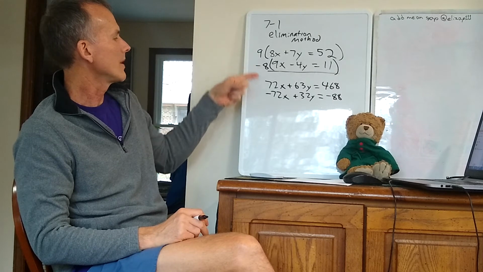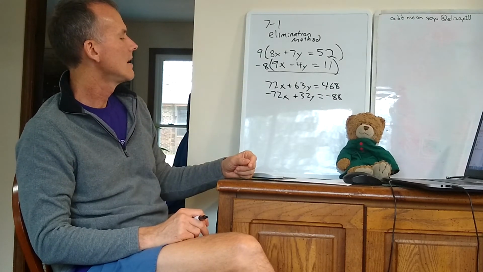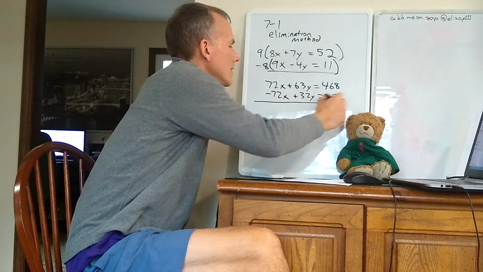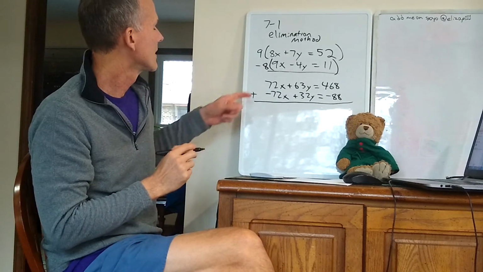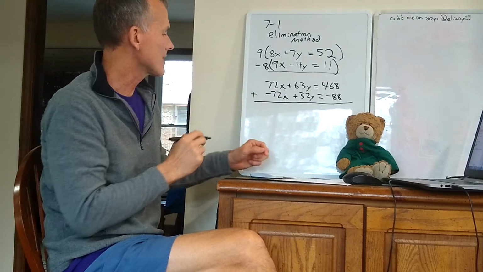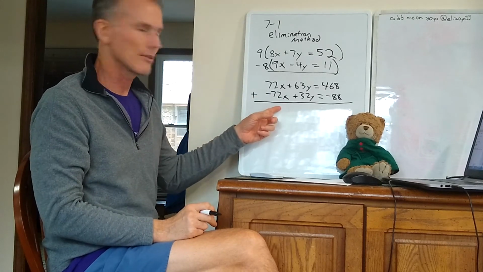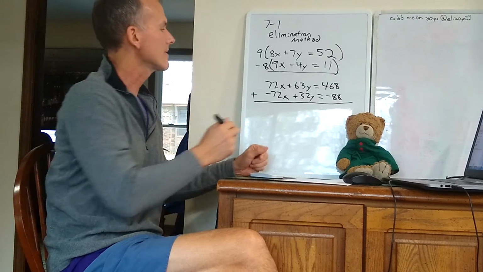I've just multiplied the top equation by 9 and the bottom equation by negative 8. But look at the beautiful things that happen when I add the two equations this time. Well, 72x plus negative 72x, that's 0. I can write a 0 there if I want to, or I can just write nothing at all, which is my choice.